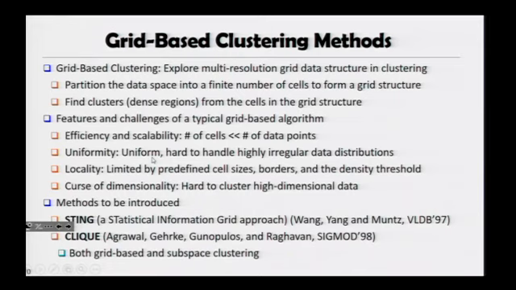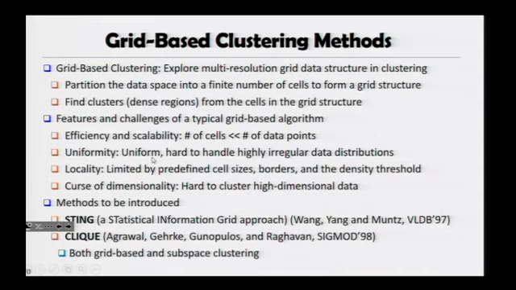The first one is called STING, a statistical information grid approach by Wei Wang and her collaborators from UCLA. It's a VLDB 1997 paper, the very first paper on this grid-based clustering method.